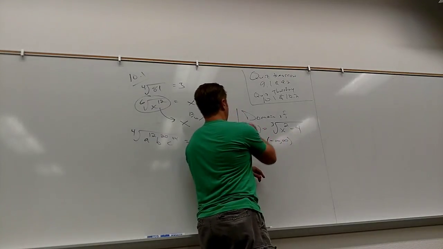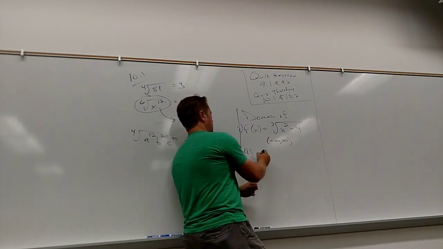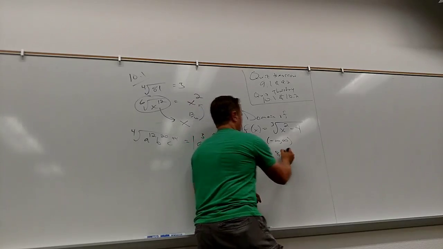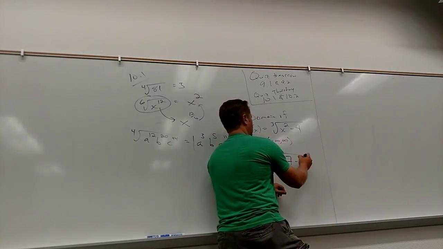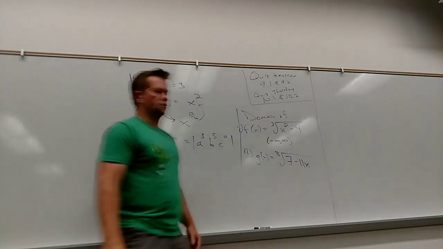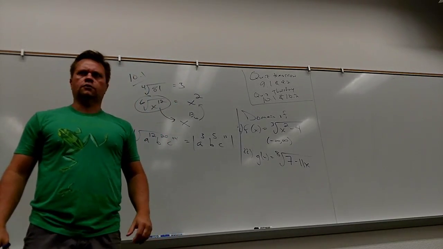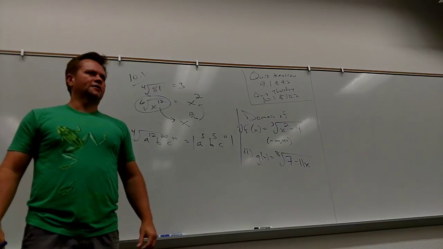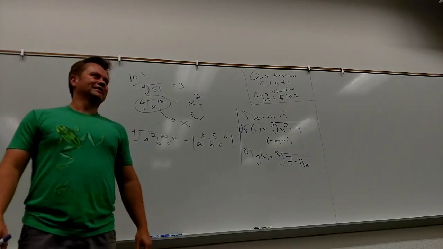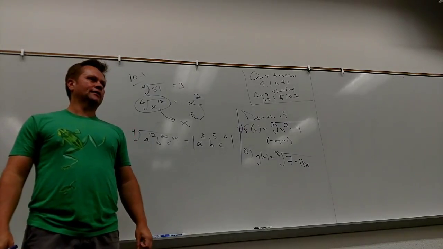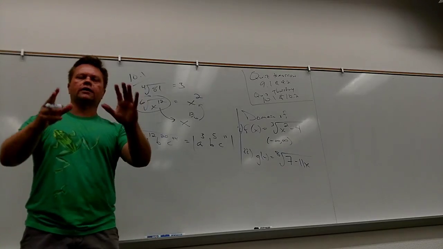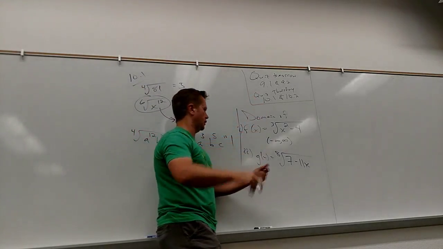So let's get down to brass tacks here. What about the 8th root of 7 minus 11x? It can't be negative, so you have to make 7 minus 11x greater than or equal to 0. Beautiful. When you said it can't be negative, you mean the inside.